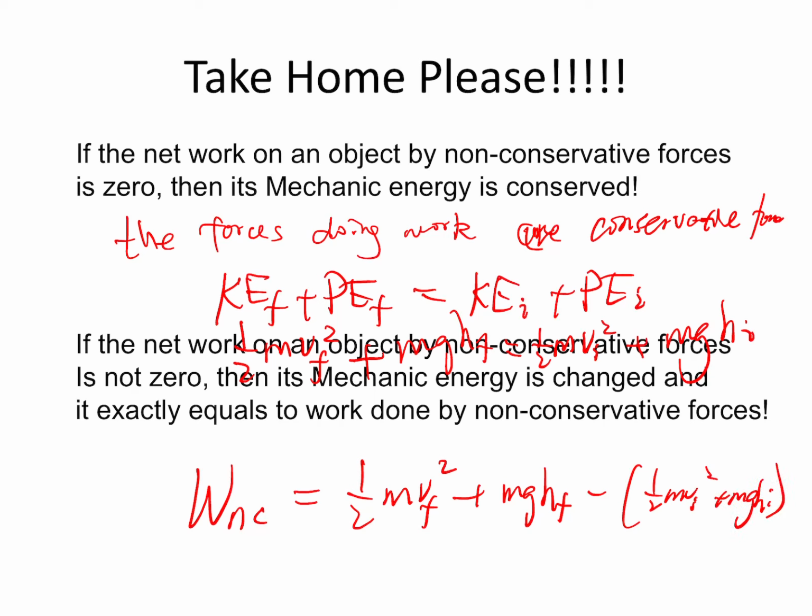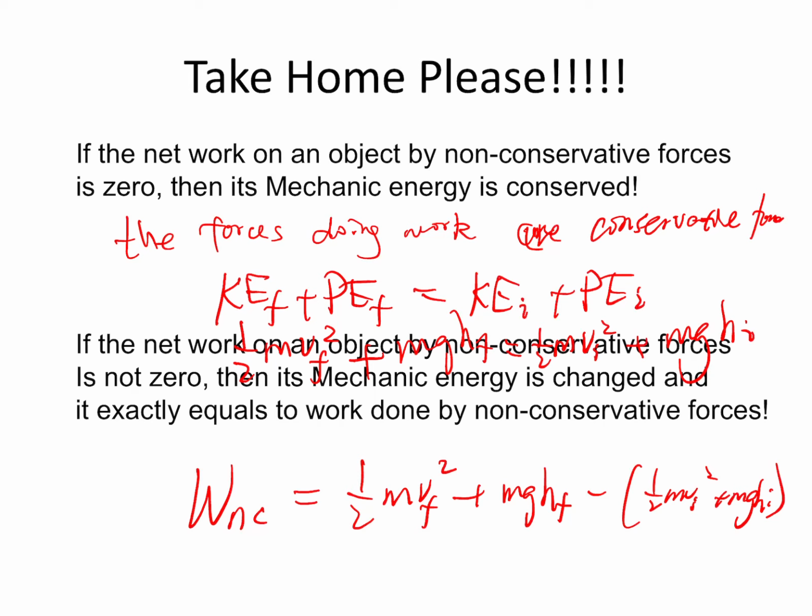Okay. Very simple, so you have to understand this. This slide summarizes everything we want to talk about in this chapter. If there is only conservative force doing work to the system, the mechanical energy is conserved.